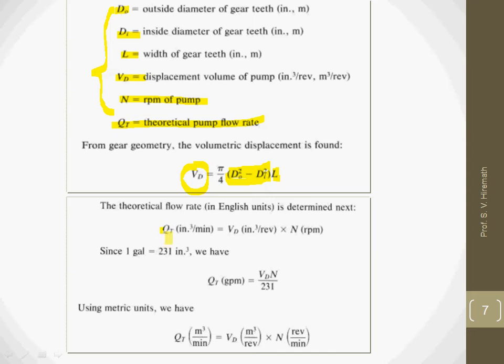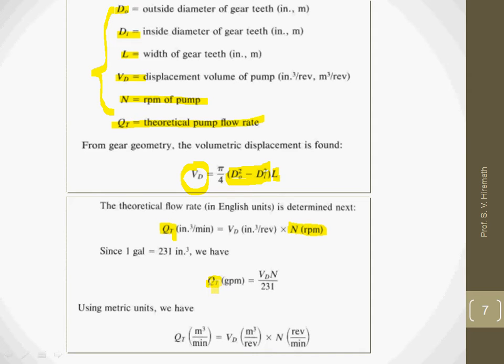And next, in order to get the Qt, that is the theoretical flow rate, we should multiply by the number of revolutions, because whatever Vd we calculate is per revolution, so how many revolutions occur per minute or per second. By multiplying that one, we will be getting the value of Qt.